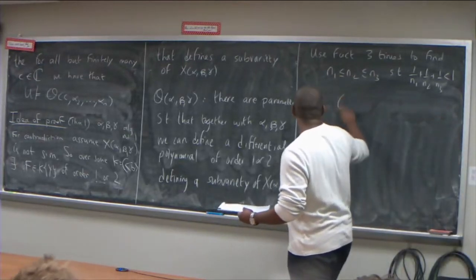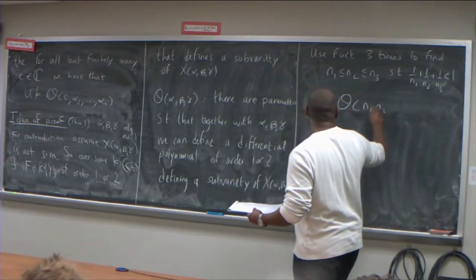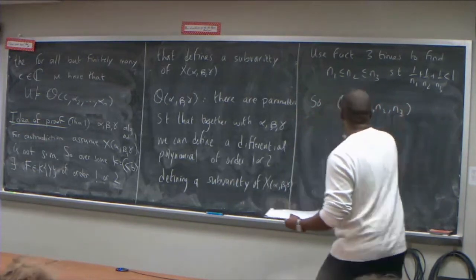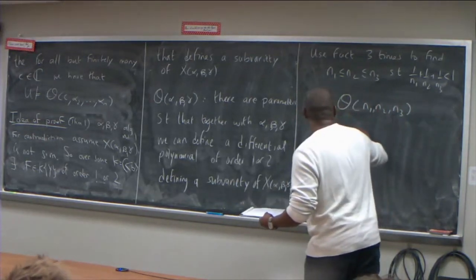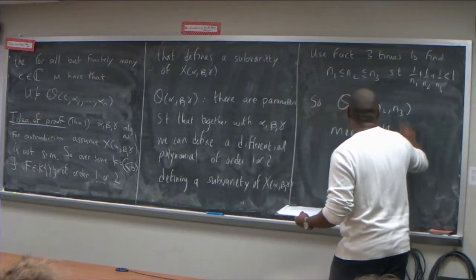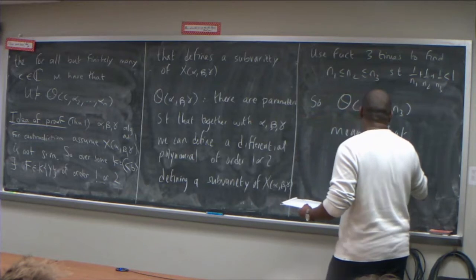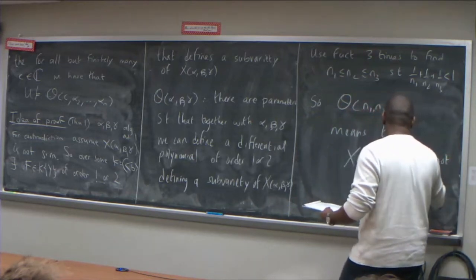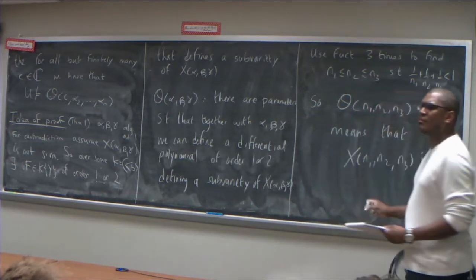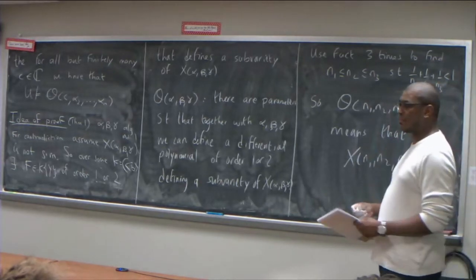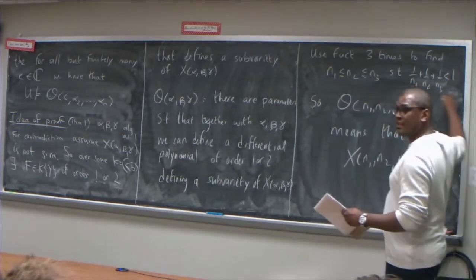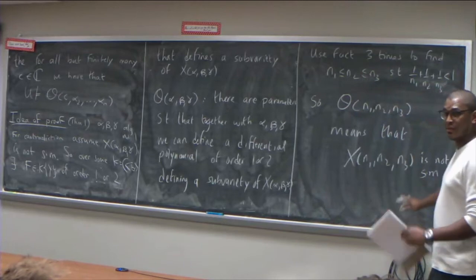So this now means that X n1, n2 and n3 is not strongly minimal. But that's our earlier result, that for all parameters that look like that, you get strong minimality.